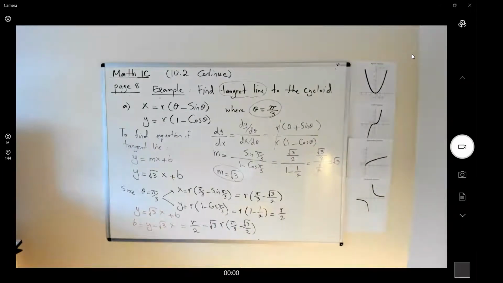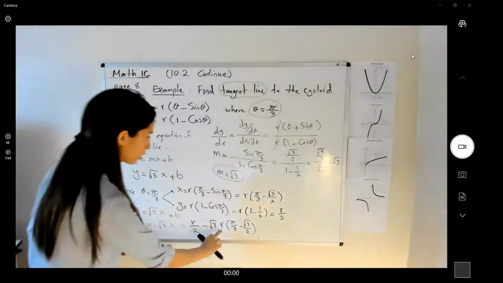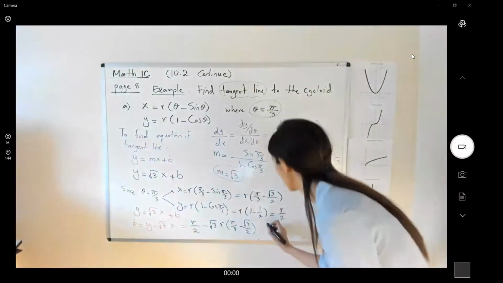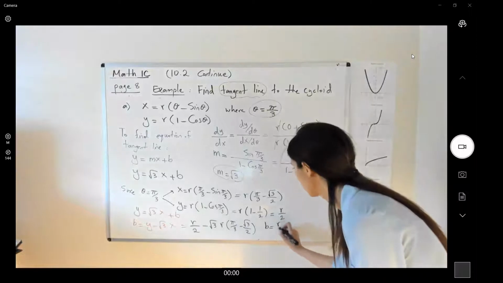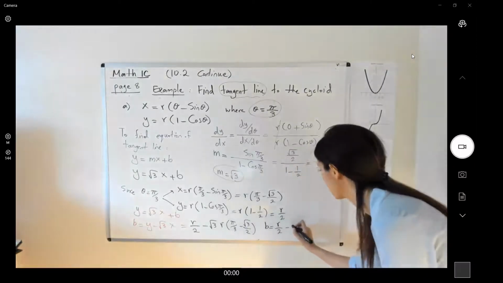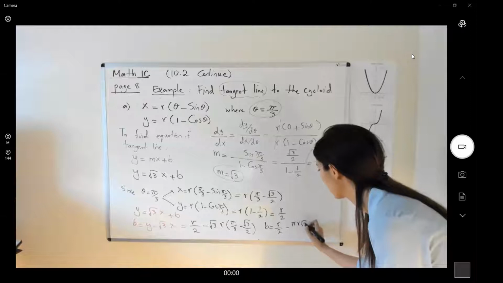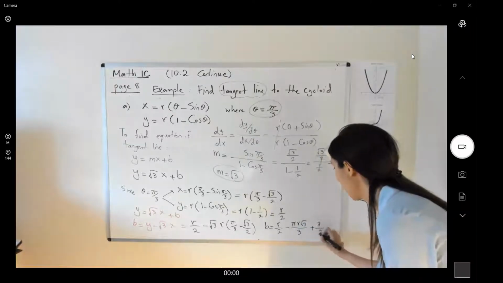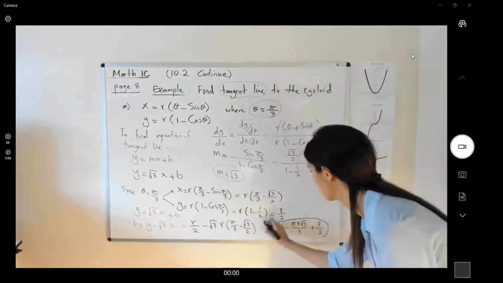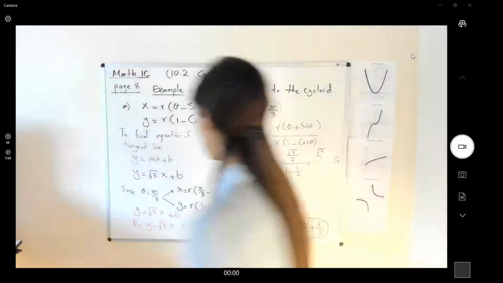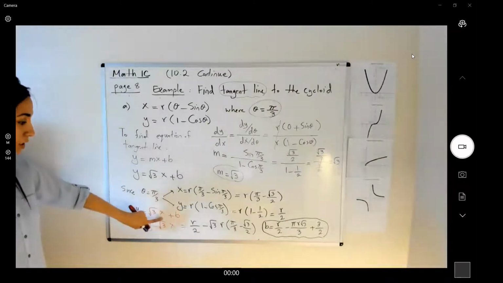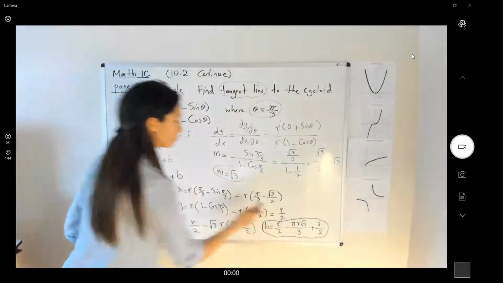You can simplify this by distributing this into parentheses, but you can leave it as it is. So your b is equal to r halves minus pi r square root of 3 divided by 3 plus 3 halves. So y is equal to square root of 3 times x plus b.